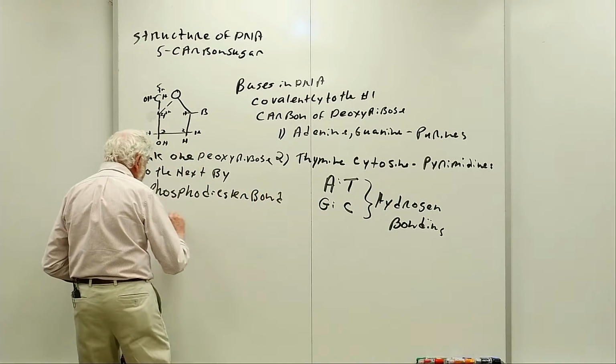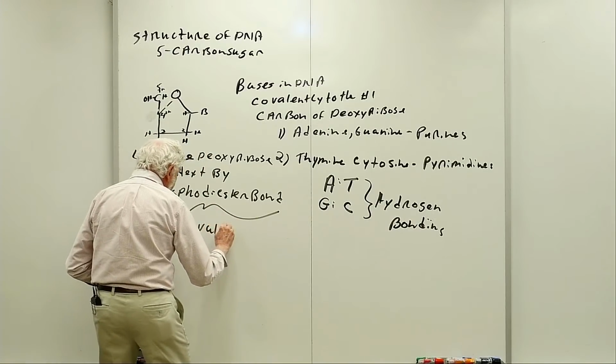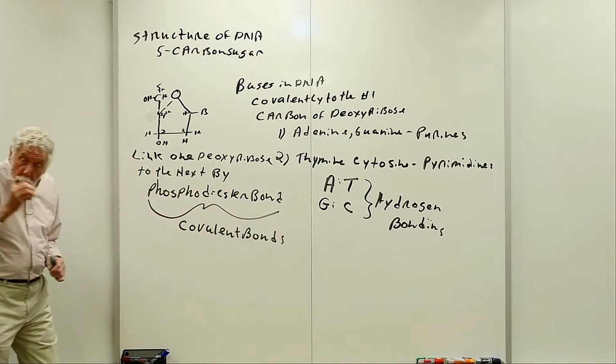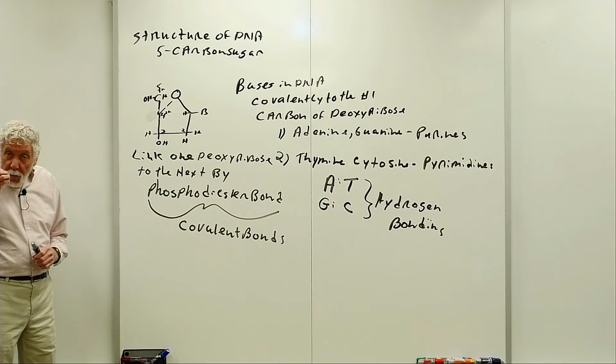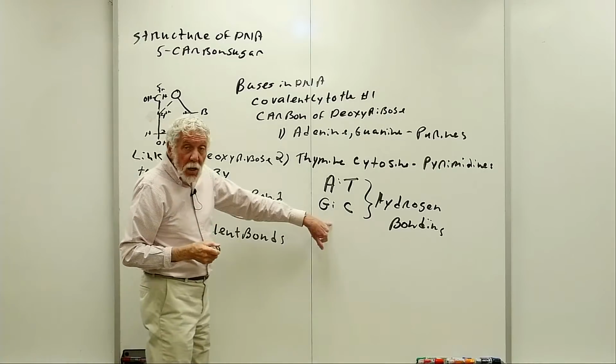These phosphodiester bonds are in fact covalent bonds. So there's going to be electron sharing here, and these are going to be very strong bonds. So these are covalent bonds, and these are hydrogen bonds.